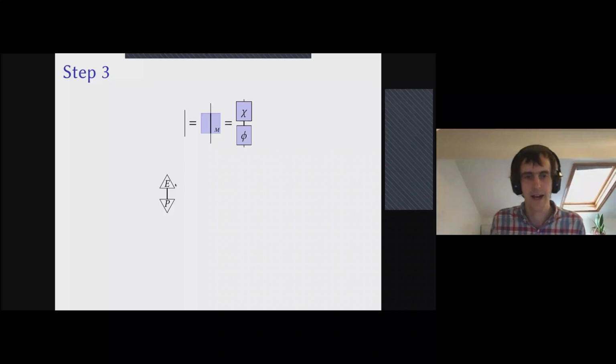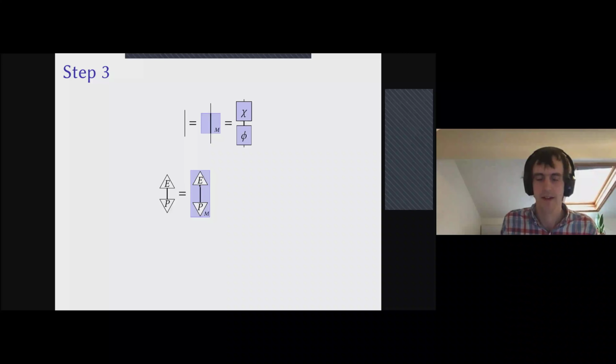And now, if we just look at the probability of getting some measurement outcome E when we prepare some state P, that has to be reproduced in the ontological model, which is represented by the probability of some ontic state given P times the probability of some effect given the ontic state.